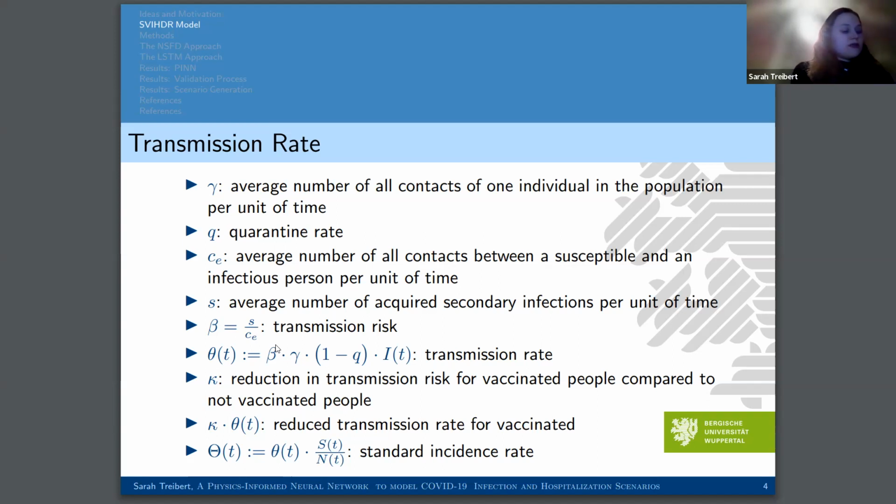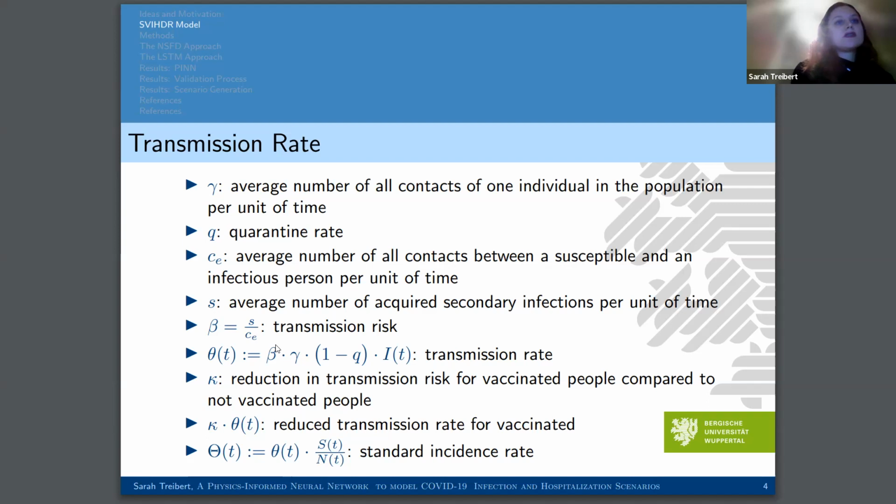And of course, the contact rate, the quarantine rate, and the transmission risk can be time-dependent rates as well. I did that in my thesis, and also we did that in our previous paper on NSFDs. Here in this approach, we firstly used constant values, and now we are also working on this implementation with reasonable time-dependent rates.